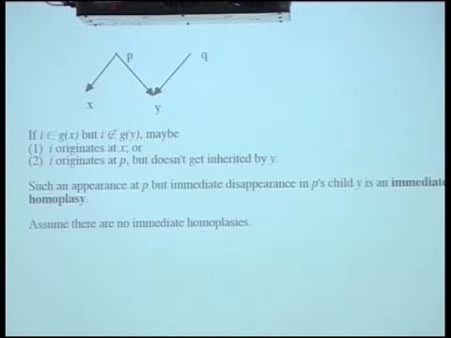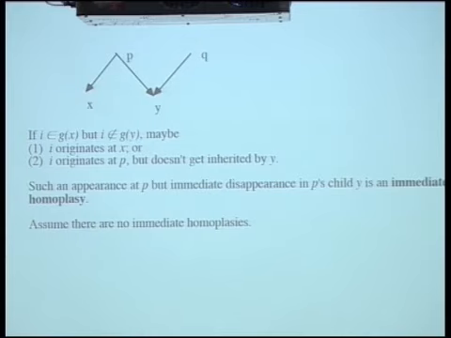Another difficulty which I ran into, suppose we had a character which is observed in X but not in Y. Here, X is a normal child of P. Well, we have 2 possibilities. Maybe it originated at X, or maybe it originated at P, but we just said there was a possibility of a homoplasy, so that particular part of the genome at P was not taken into Y. So this always exists.